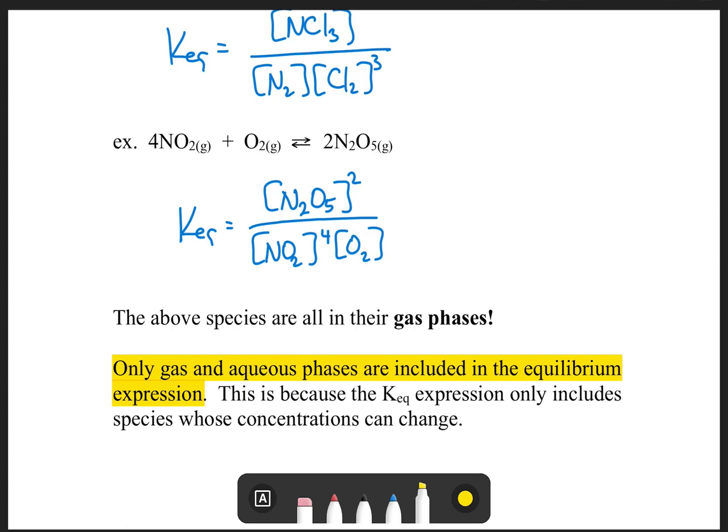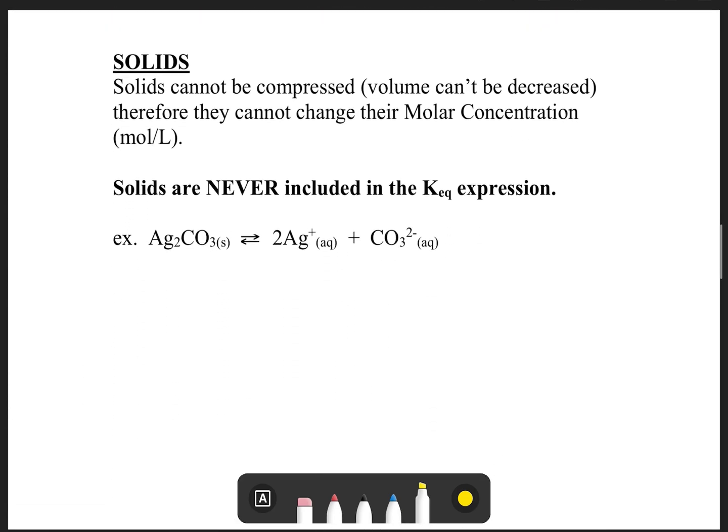Let's look at the solid and liquid phases. Solids cannot be compressed, therefore they cannot change their molar concentration. Solids are never included in the KEQ expression.